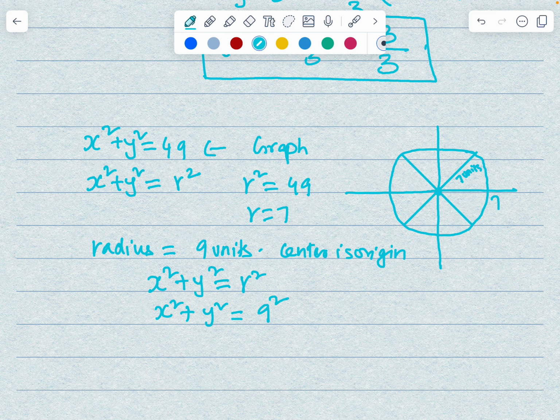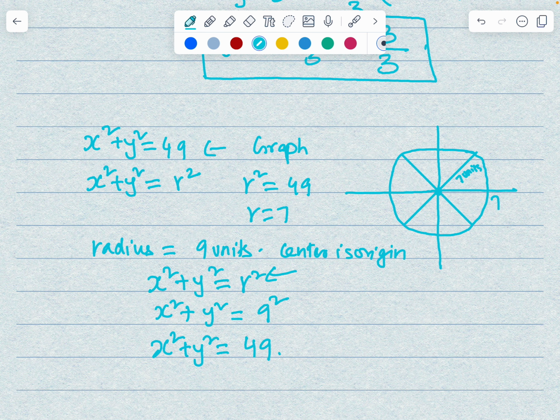Don't forget that. Don't just write x square plus y square is equal to 9. It's 9 square. And so finally the equation is x square plus y square is 81 because the radius is 9 but the thing is r square. Then the other one you could get is it's passing through a point and the center is the origin. So that's one form of a question you could get.